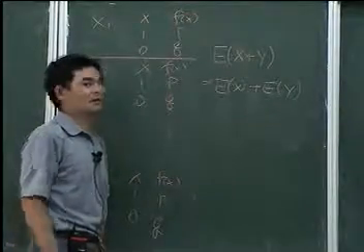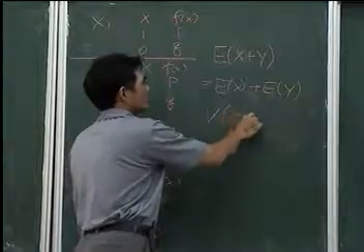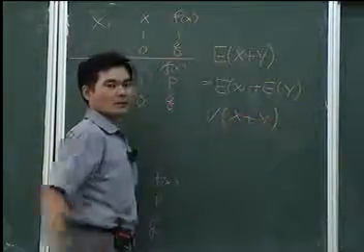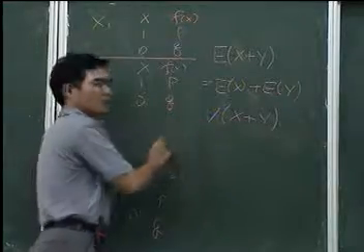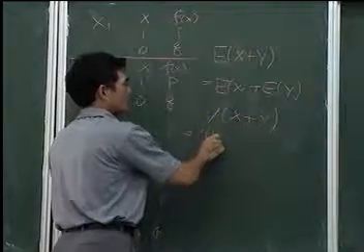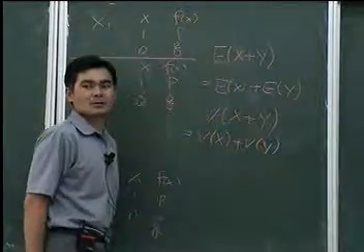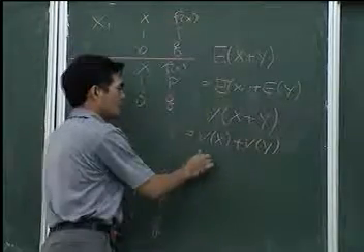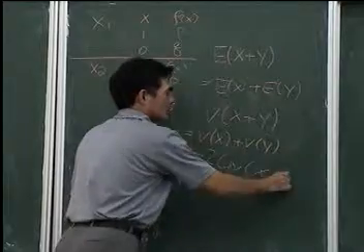Remember this. What about the variance of x plus y? If you check your notes, it will be equal to the variance of x plus the variance of y, and what else? Plus 2 covariance of x, y.